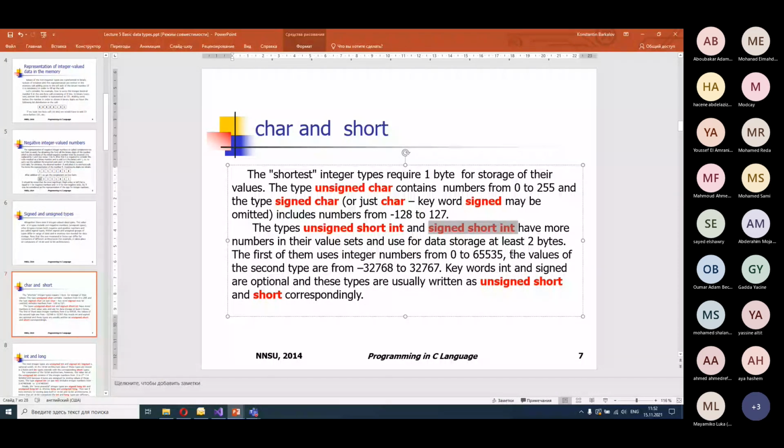That's why for unsigned short int, the largest number is 2 power 16 minus 1. It's written here: 65,535. The values of signed short int are from minus 32,000.